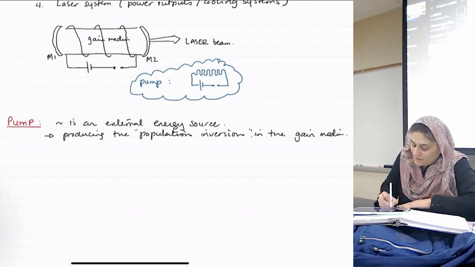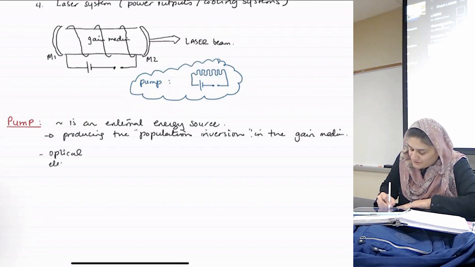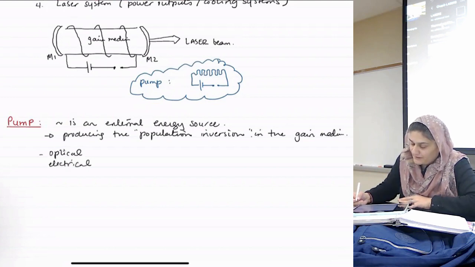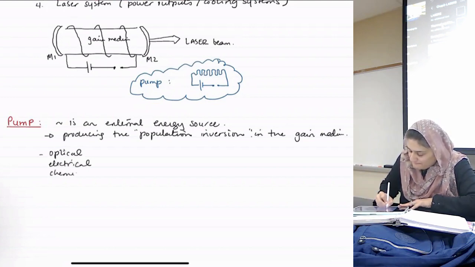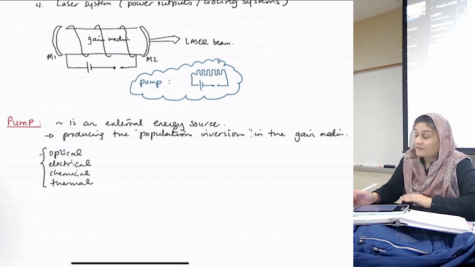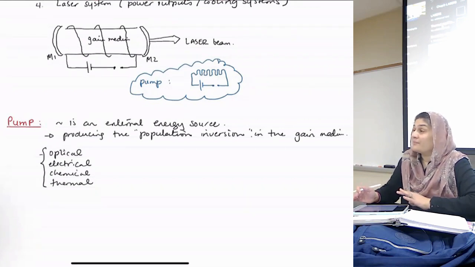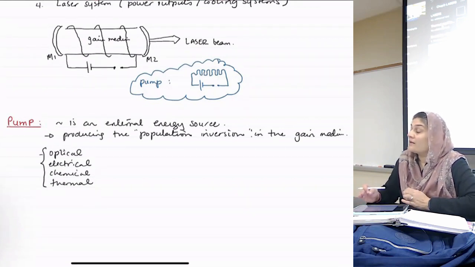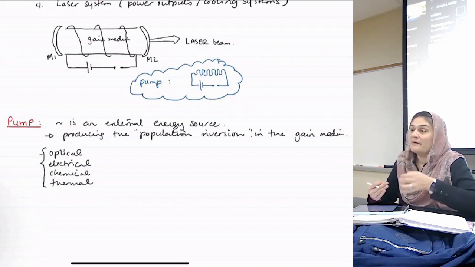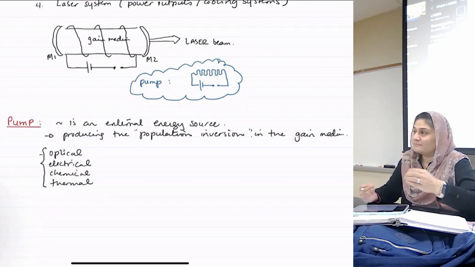They could be optical, they could be electrical, they could be chemical, or they could be thermal pumps. The only thing that they require is that the pump should cause a population inversion in whatever gain medium you have.